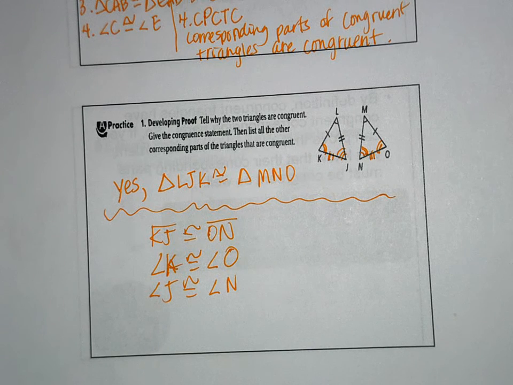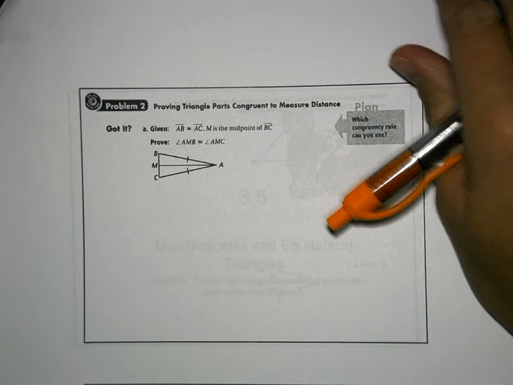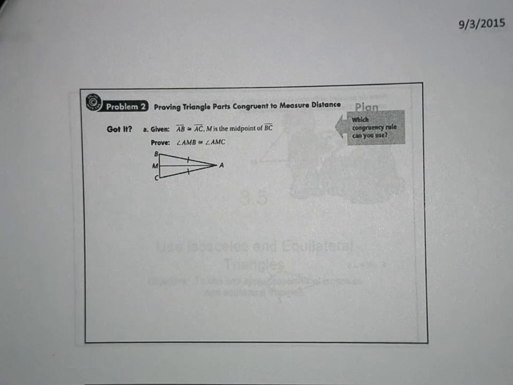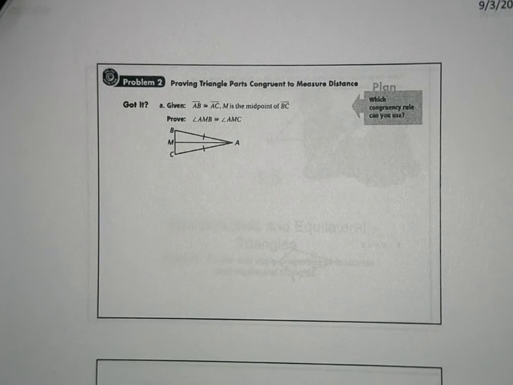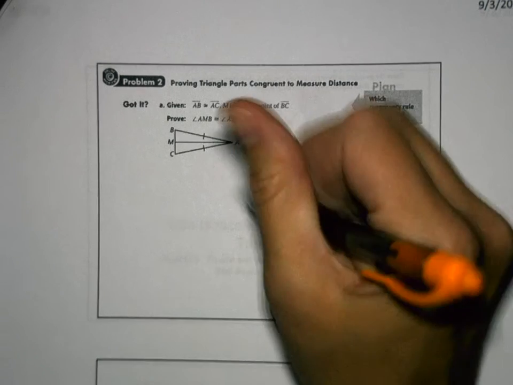No? Okay. Moving on here. This is at the bottom of page 149. Or middle. Okay, so we have to do a proof. Are you guys ready? No? Yes, you are. You got this.